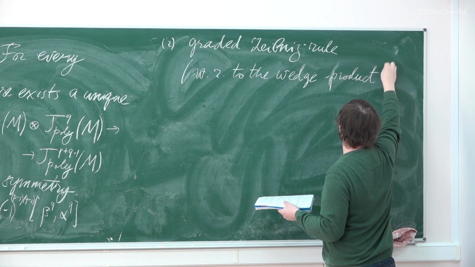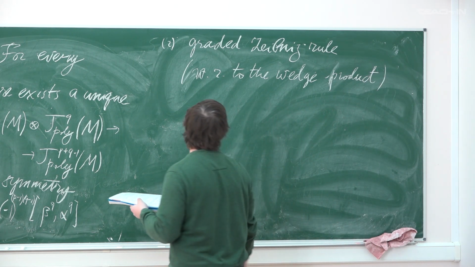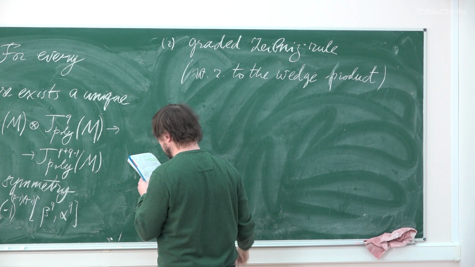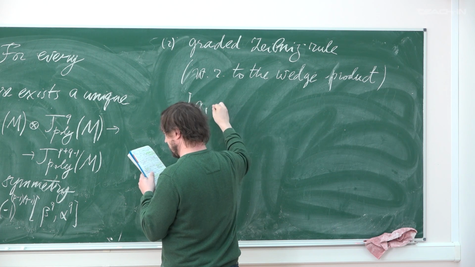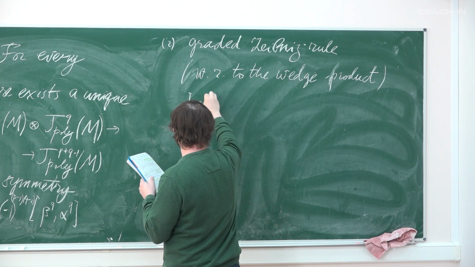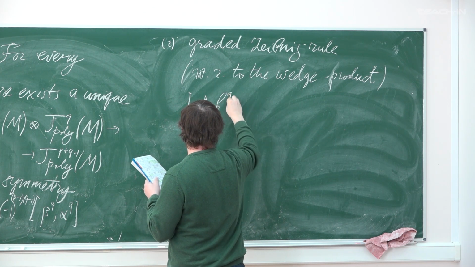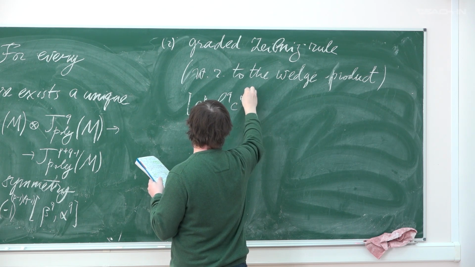I think everybody knows how to write down the formula, but how to write down the formula for the graded Leibniz rule is a little bit trickier because you need to take into consideration the signs. So you have A of degree p, B of degree q, and C of degree r.